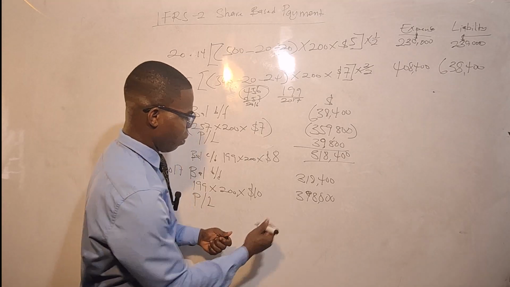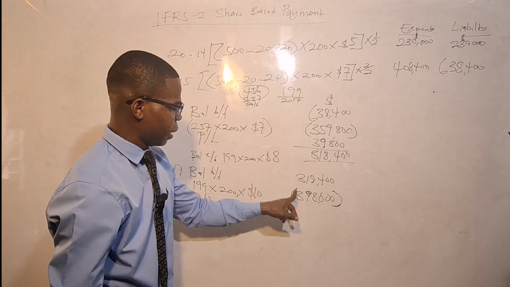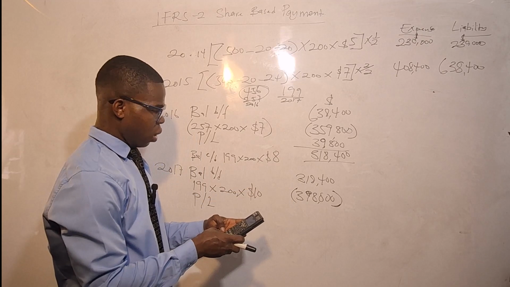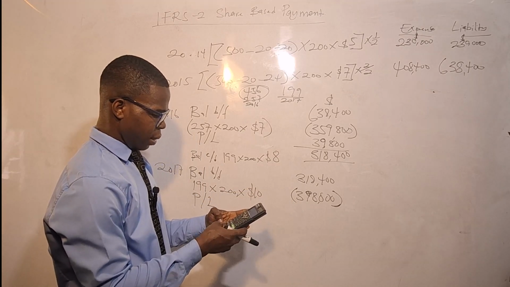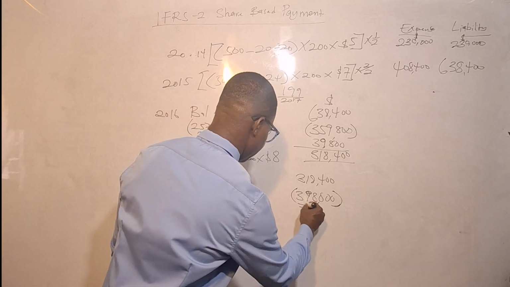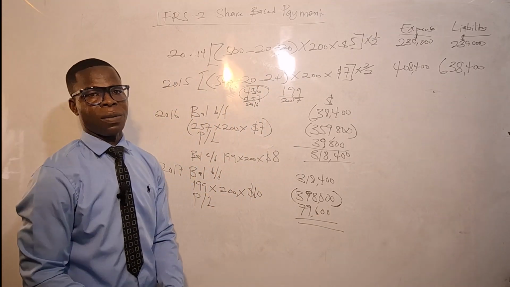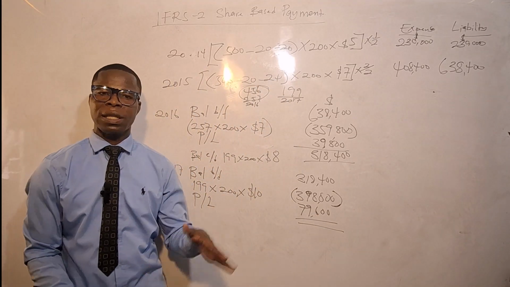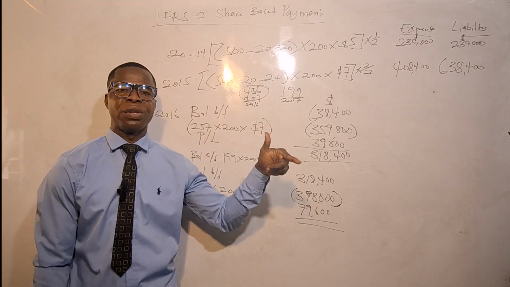Remember, this one is being exercised. So if you are getting 79,600, this 79,600 must go to our profit or loss account. So this is how to exercise the share appreciation right.